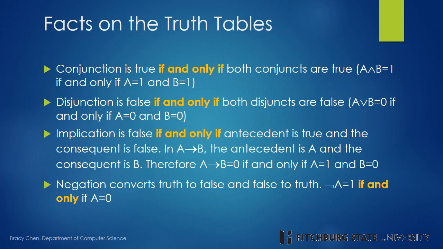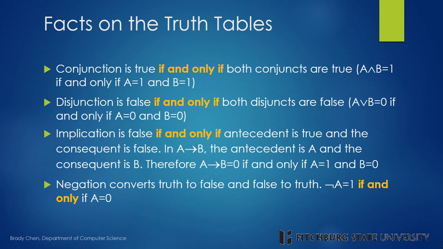So, based on the truth tables of these four operations, conjunction, disjunction, implication, and negation, we can get the following four facts. The conjunction is true if and only if both conjuncts are true.